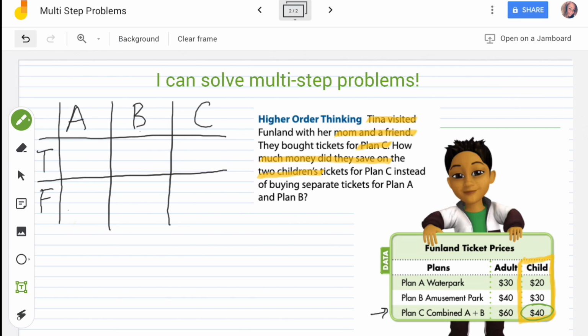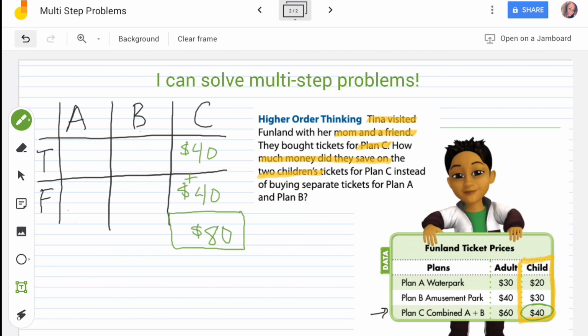So for Plan C, I know Tina's was $40 and the friend's was $40. If I want to know how much that was together, what am I going to do to those two amounts? That's right, I'm going to add them. So 40 plus 40 will give me $80. So they spent $80 for the two children's tickets under Plan C.